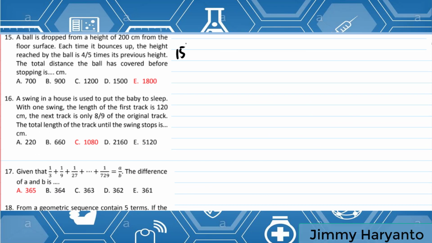Number 15, a ball is dropped from a height of 200 cm from the floor surface. Each time it bounces up, the height reached by the ball is 4 over 5 times the previous height. Okay, this one is the ball question.